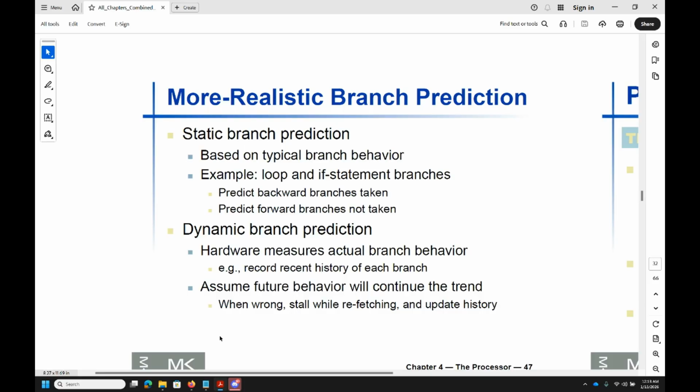So static branch prediction is based on just loops and if-else. Dynamic branch prediction is what I gave, which is based on your inputs. So for dynamic branch prediction, you need to actually run the program and look at the outputs before figuring out what is the optimum sequence.